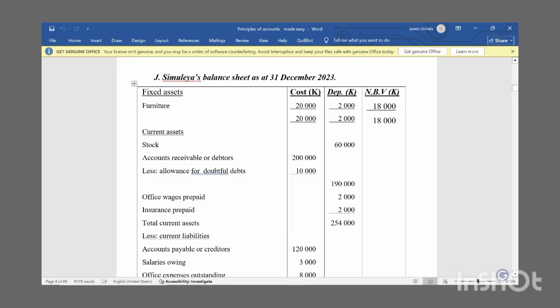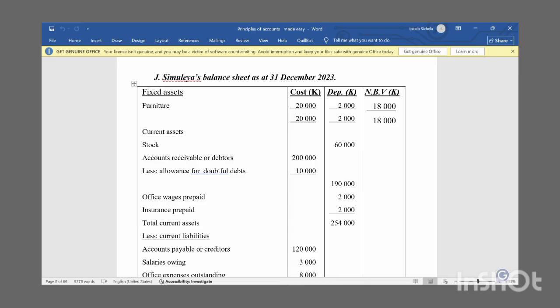So what is the stock given in the question? In the balance sheet, we only put closing stock. Why do we only put closing stock instead of opening stock? Because in the balance sheet, we only include assets and liabilities at the end of the financial year. It doesn't have to be at the beginning or middle, but at the end of the financial year.